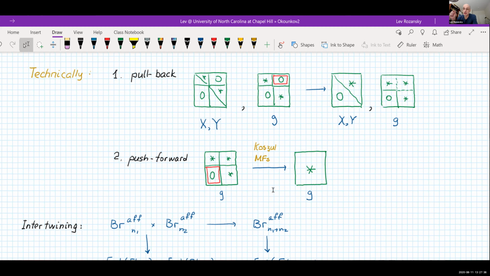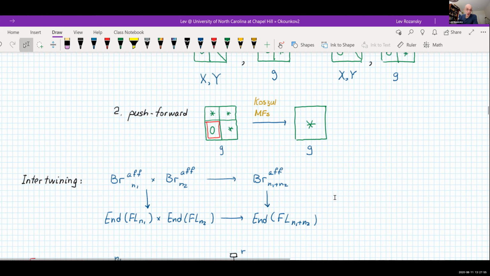So this gives you extra terms in W, which are killed when red is 0. So you can present them. So they are in the ideal generated by this red square. So you can write the bilinear presentation and write Koszul matrix factorization. So we end up with intertwining the products of affine braids into total affine braid.